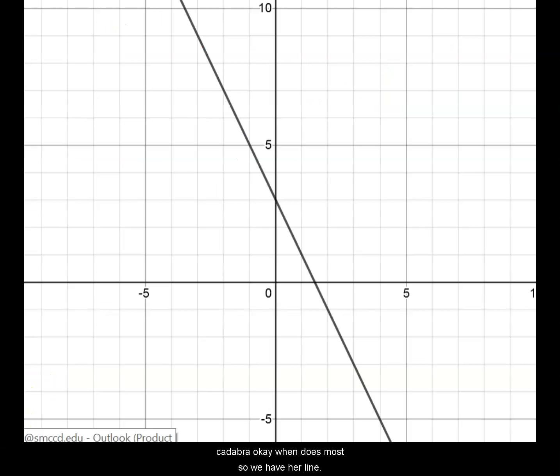Okay, we're in Desmos. So we have our line here, y equals 3 minus 2x. So we're at 3, and then we go 1, 2, minus 1, right? So y-intercept of 3, slope of -2, so that's my line.